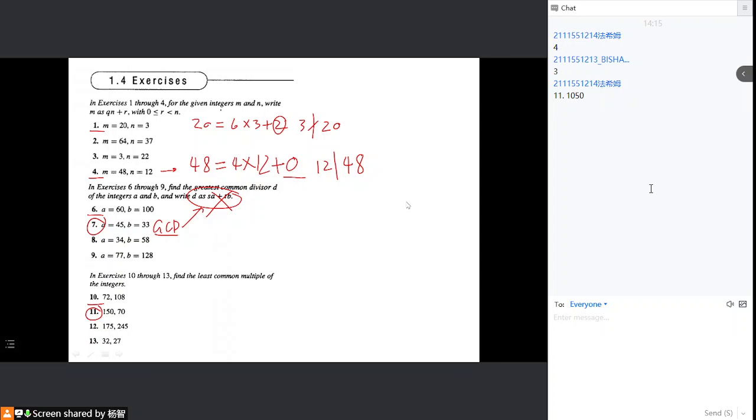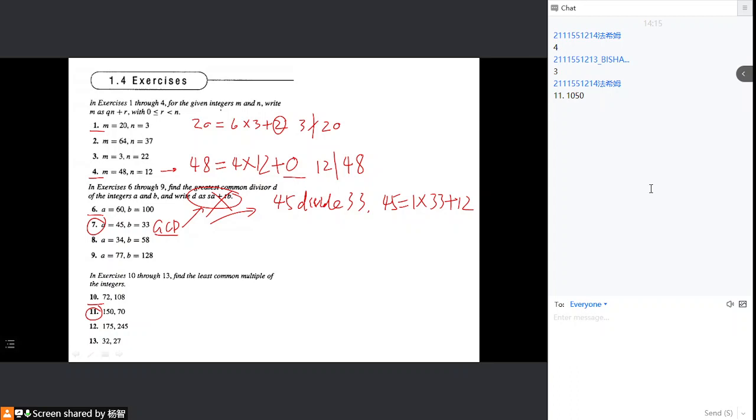Let's reduce together. Okay, first step: 45 divided by 33 equals 1, remainder 12. Is that right?